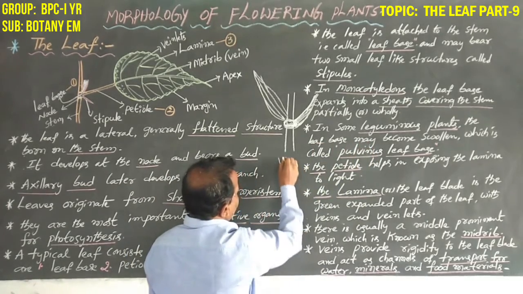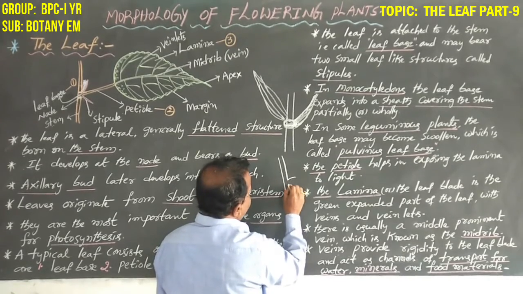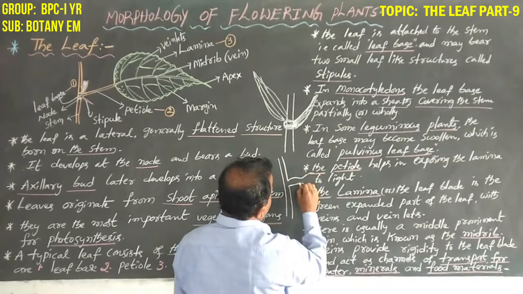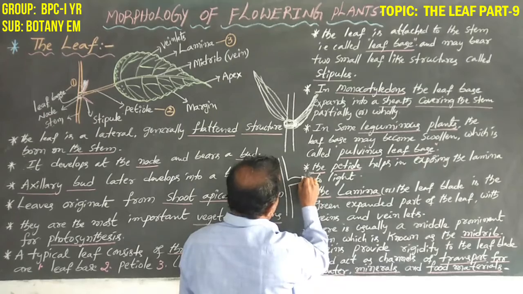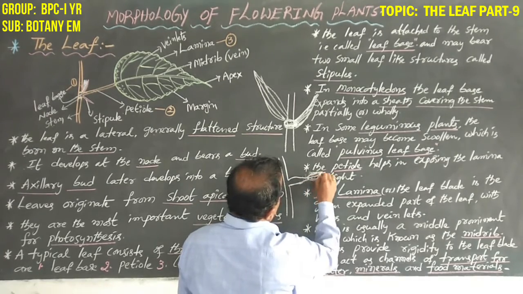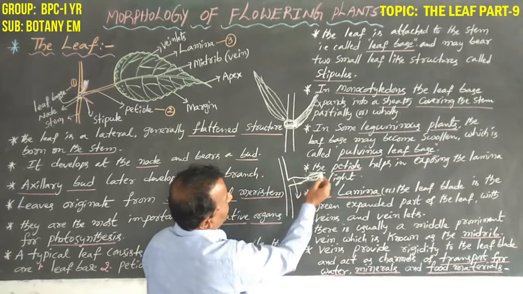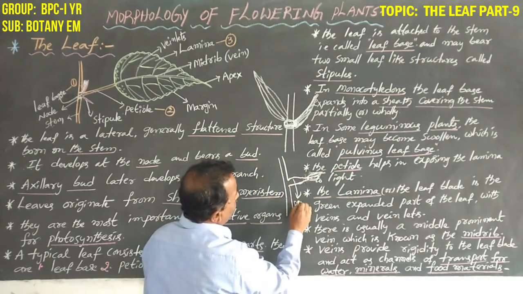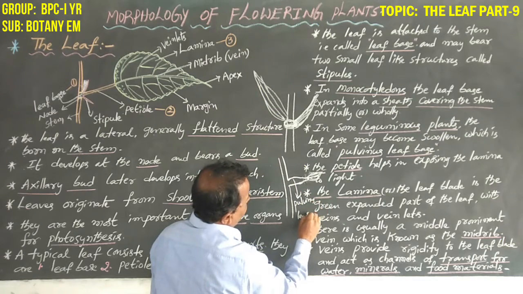This is a stem, this is a node, this is a leaf base, this is a petiole, and this is a leaf. The leaf base may become swollen, which is called the pulvinous leaf base.